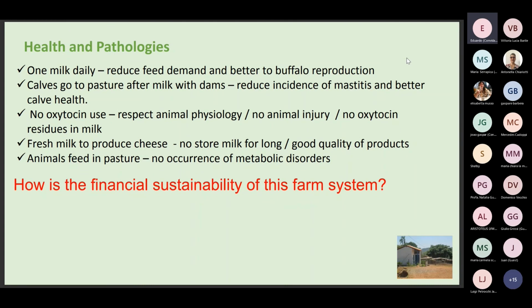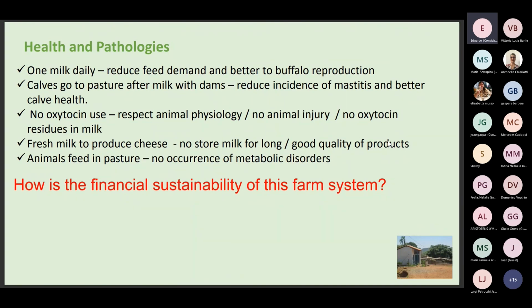Fresh milk to produce cheese. You know how the cheese becomes healthy, good, and gets a higher price when you produce it with very fresh milk, and we need not store milk for a long time. And the animals can go to the pasture, they can promote rumination, the adequate selection of different types of plants.